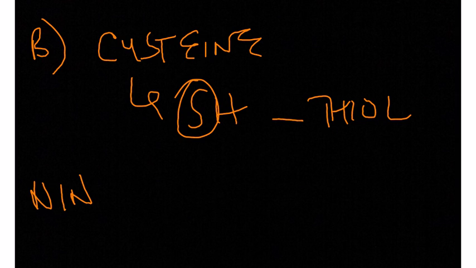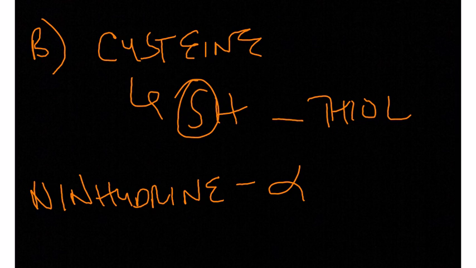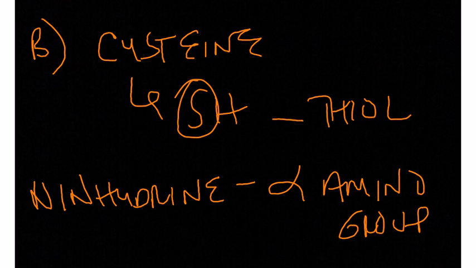Another example of this, as opposed to the sulfur test, is an anhydride test. That tests for the presence of an alpha amino group present on your amino acid. There are also a number of general tests that are used. Make sure you understand all of those.